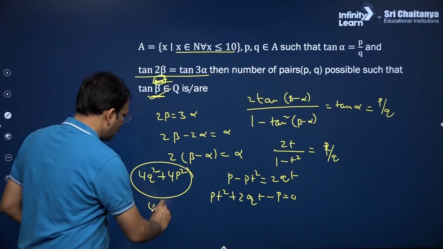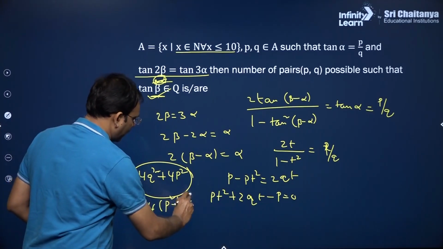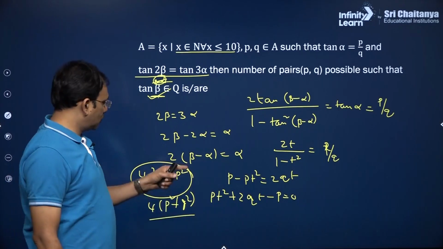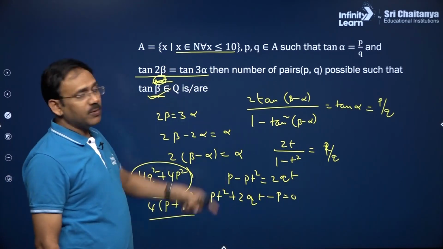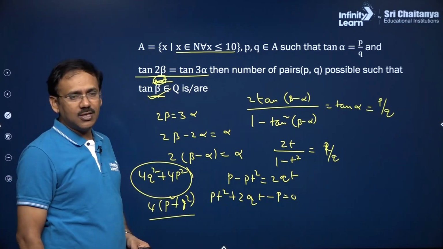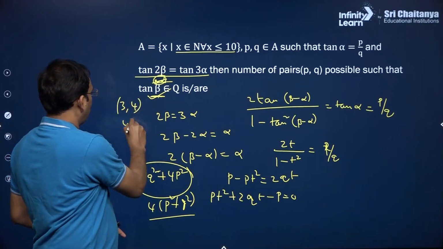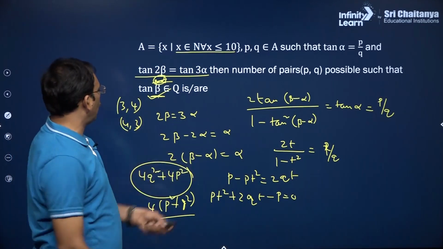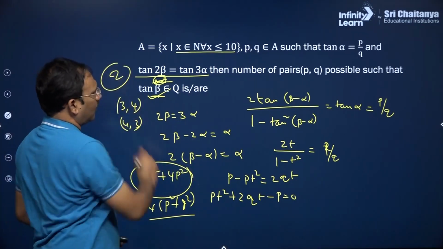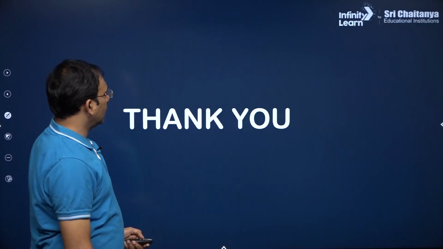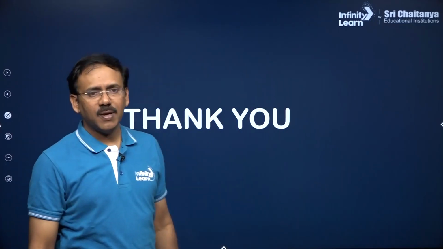That means 4 into (p square plus q square) must be a perfect square because t is rational. So p, q should be taken between 1 to 10 only, integers. So the possibility is 3, 4 one possibility, 4, 3 the other possibility. There are only 2 possible ordered pairs (p, q). Right, friends, that's all about this paper. A bit lengthy, a bit time taking, but most of the questions are comfortable, right?